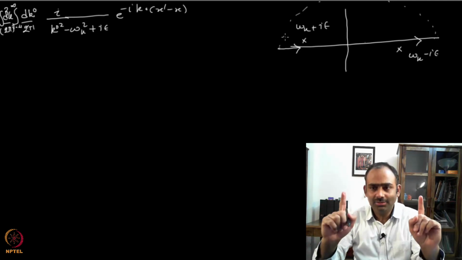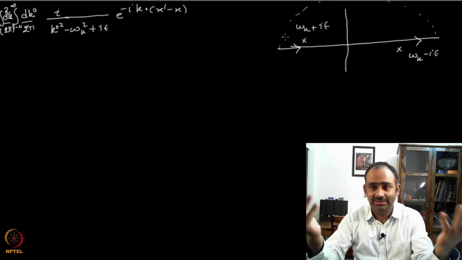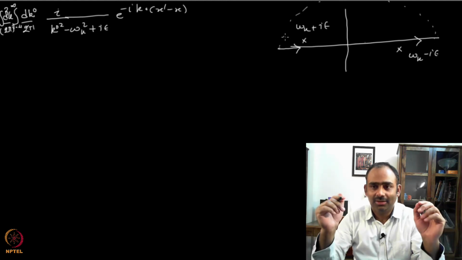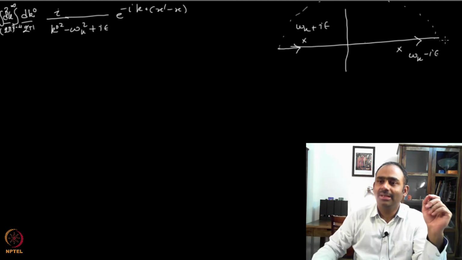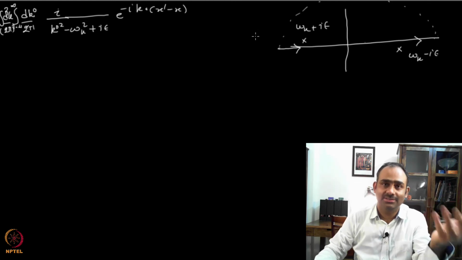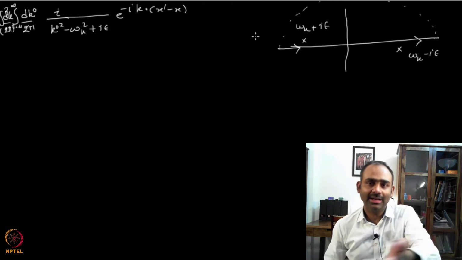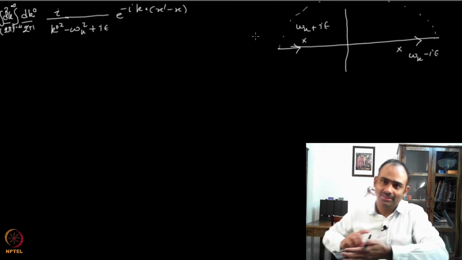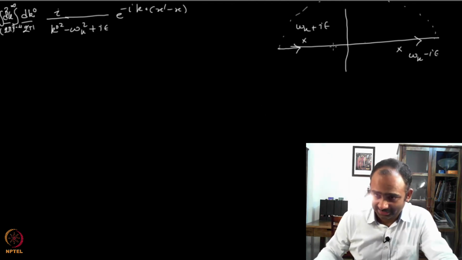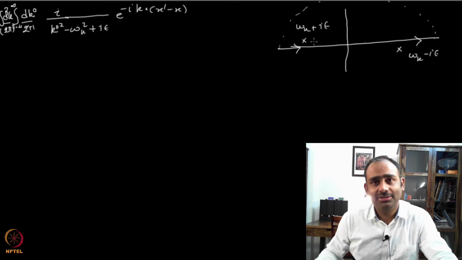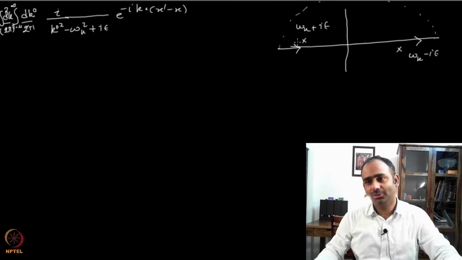But I can do so without changing the value of the integral only if the contribution that I get from the semicircle is 0, right. Because if the contribution from the semicircle is 0, I can add it to my integral, right. And the advantage would be that then the result you can easily get using Cauchy's theorem, and all you have to do is just find out the value of the residue at this pole and multiply it by 2 pi I.